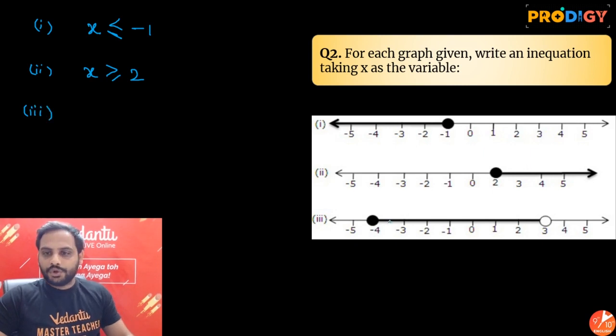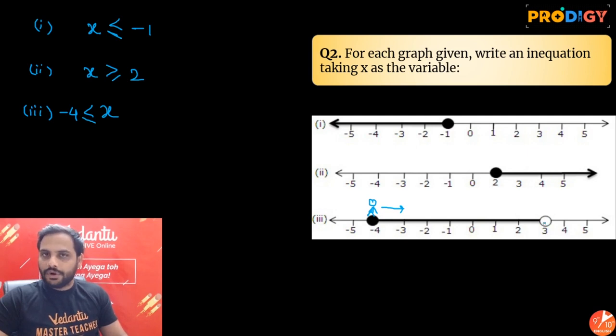Third one. 2 points we have in between. So minus 4 is darkened, minus 4 is included, and for minus 4 we are moving towards right. If we are standing at minus 4, we are moving towards right. That means x values are greater than or equal to minus 4. But here at 3 the hollow circle is there.